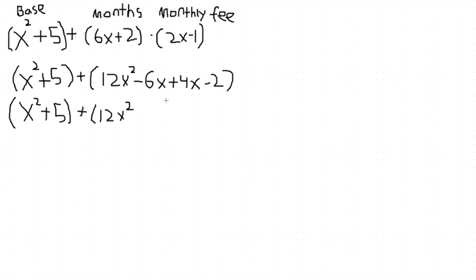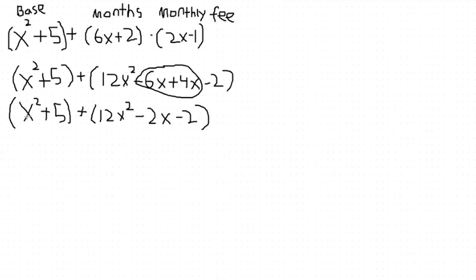And we're going to combine these two like terms right here. So negative 6x plus 4x is a total of negative 2x. And then the base term here, just minus 2. There's nothing that we can add to it.